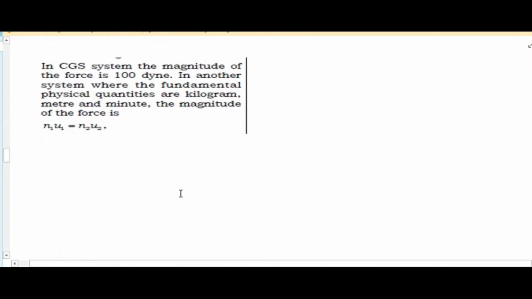See, in the CGS system, the magnitude of force is 100 dynes. In another system where the fundamental physical quantities are kilogram, meter and minute, what is the magnitude of the force? See here, N2 is equal to N1 into U1 by U2. Here the force is given as 100 dynes.